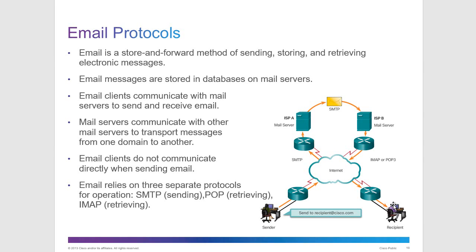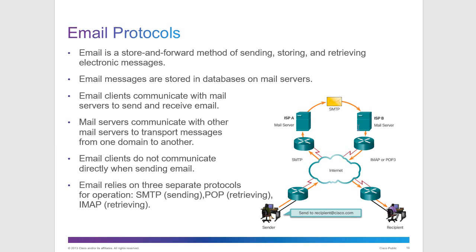Depending on whether he's using POP to retrieve or IMAP, one of two things will happen. But we'll talk about those later. Basically, he's going to end up receiving the email either way. If he's using POP, the email will be sent from the server to his station, and it will be removed from the server by default.